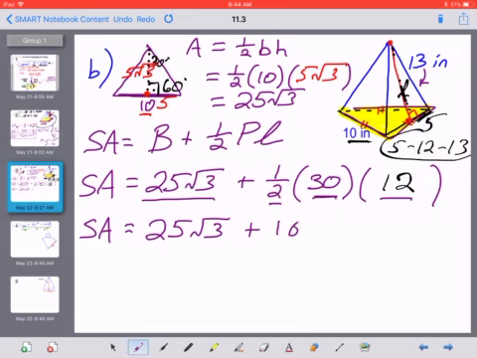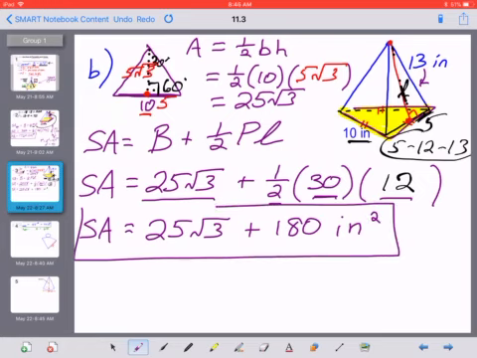The 6 times the 30 is going to make 180. So this right here is an acceptable way to leave the answer in simplest form. It does not get any nicer than that. And if they asked for it rounded to the nearest 10th or 100th or whatever, you would simply dump that into your calculator, hit the approximately equals button, and get that as a decimal.